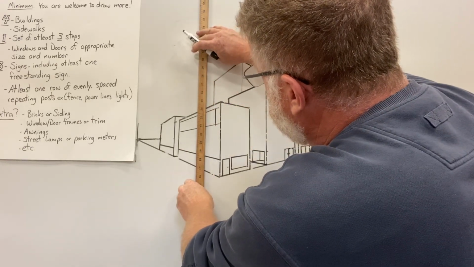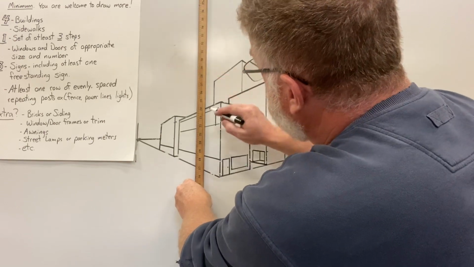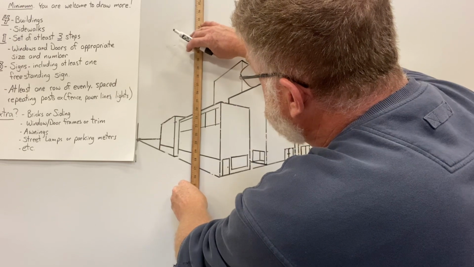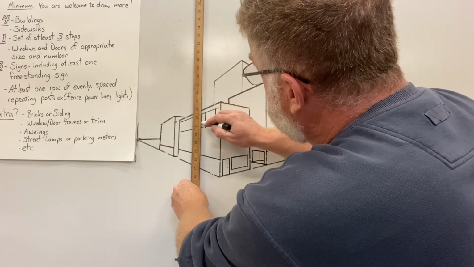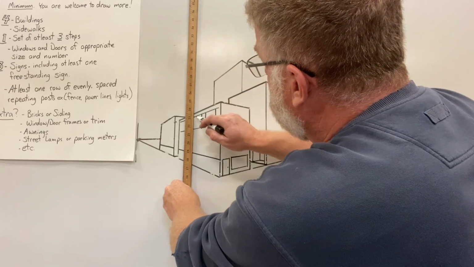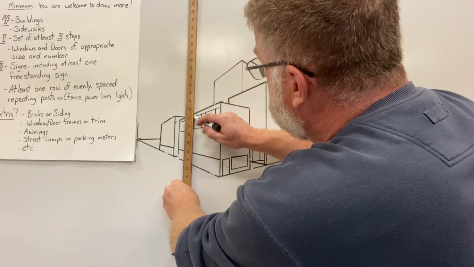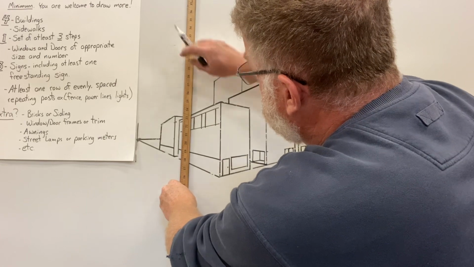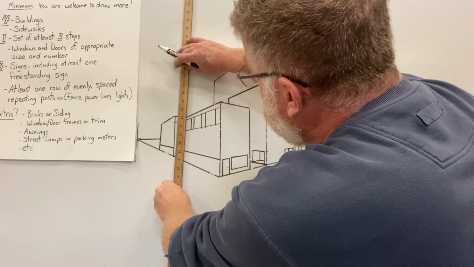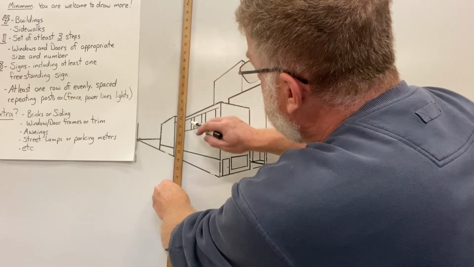Okay, let's make them big windows. So there's the front edge, there's the back edge. Now we'll skip a space and do the front edge and the back edge. Try to make them look like they're probably about the same size, knowing that they're getting smaller. So is the space between the windows, right? And let's just make one more.